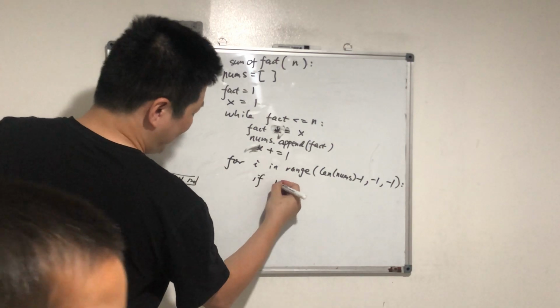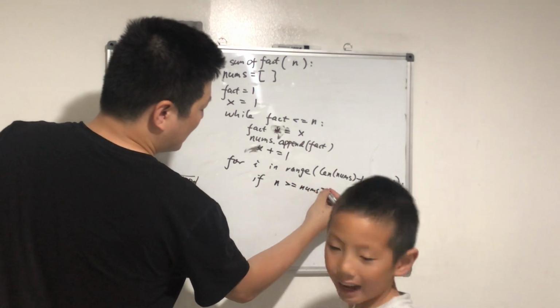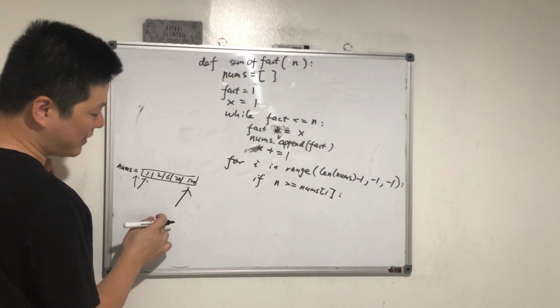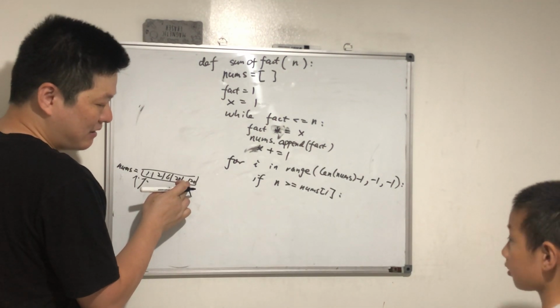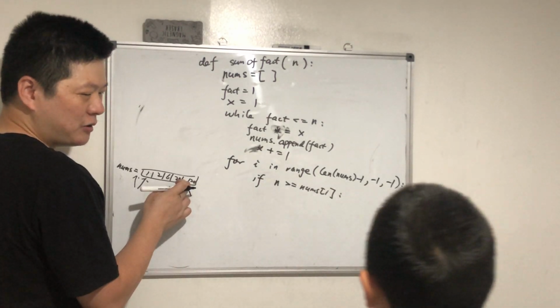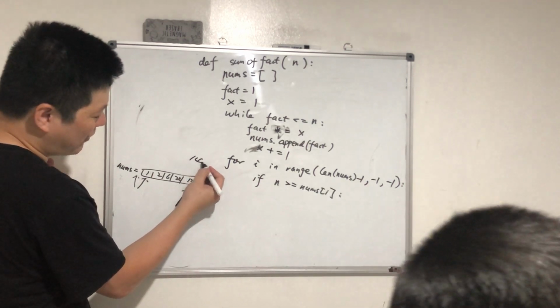Okay. If n is bigger or equal to nums[i], colon, what should we do? If n is bigger than 120, what should we do with this number? Wait. If we look before it's 144, right?